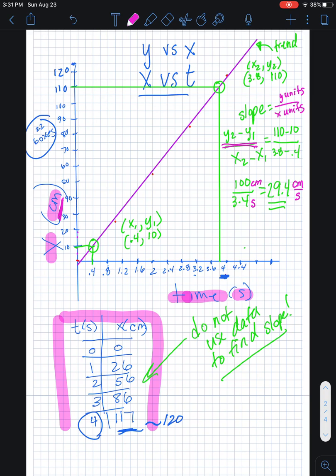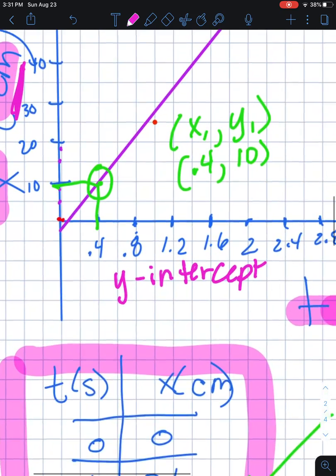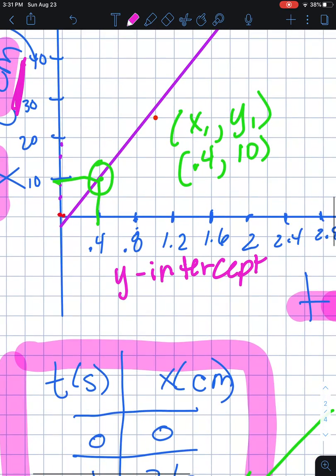The next thing I'm going to do is talk to you a little bit about your y-intercept. You would think, oh, it's 0, 0, I know. But if you look at the y-axis, you'll see that this purple line does not cross right at 0, 0. In fact, it's a little below. Each box is worth 5, so this would be -5, and so this right here, I'm going to call -2.5.